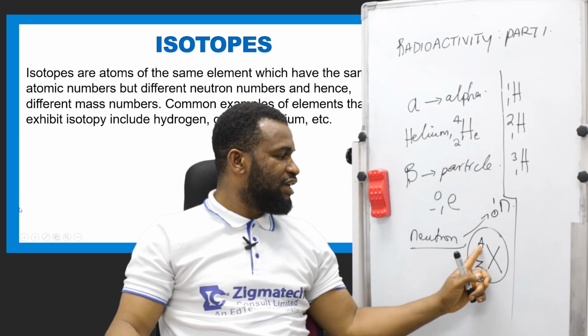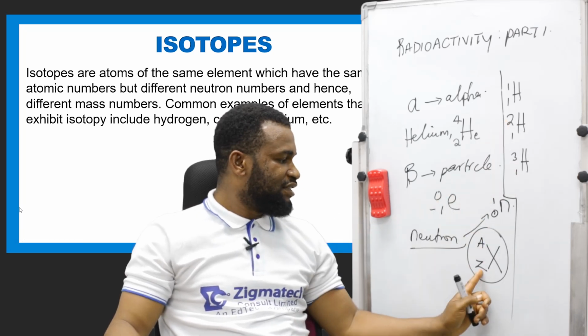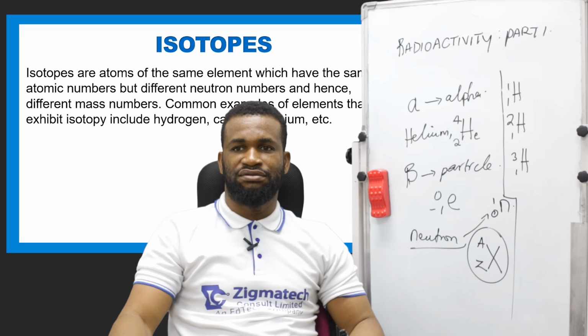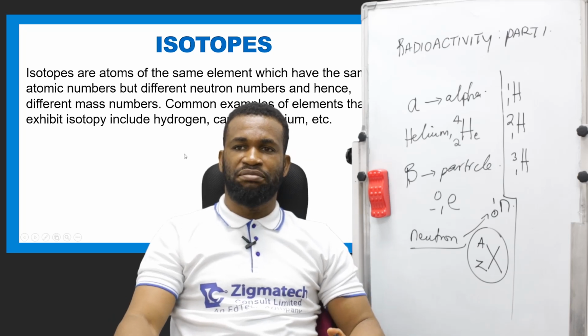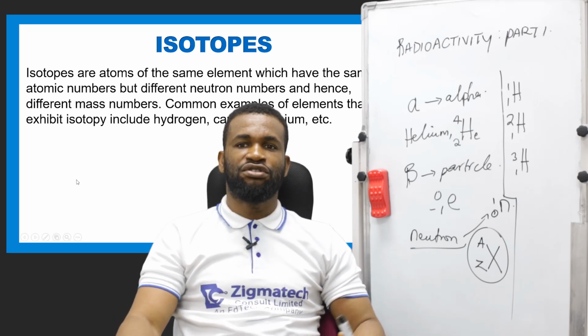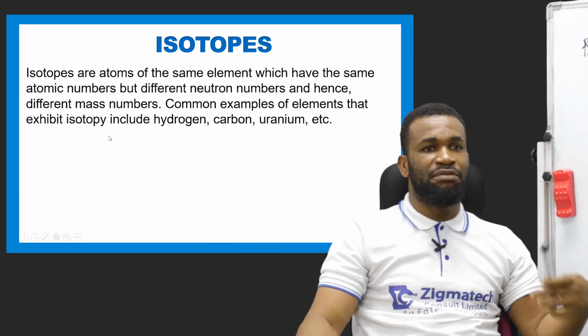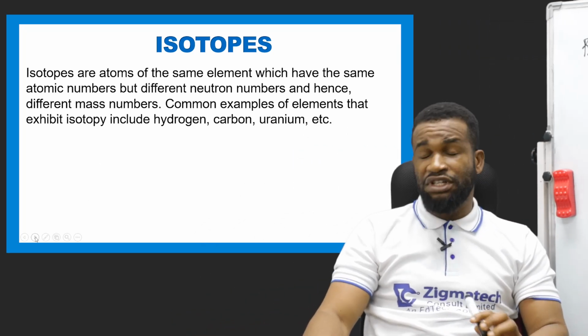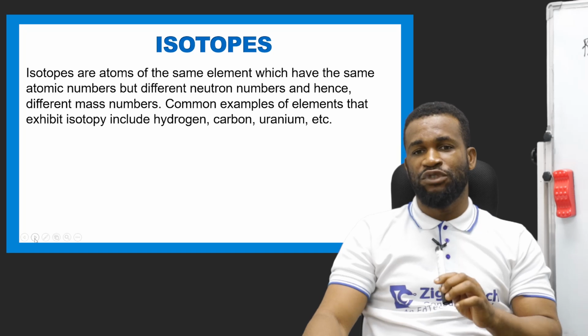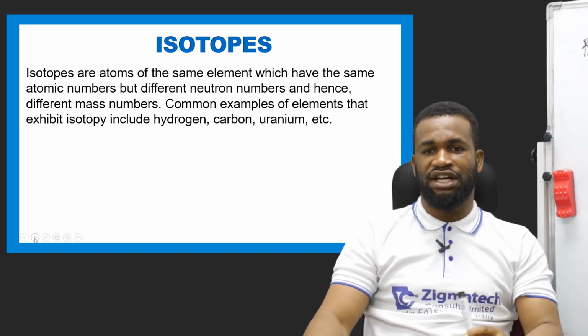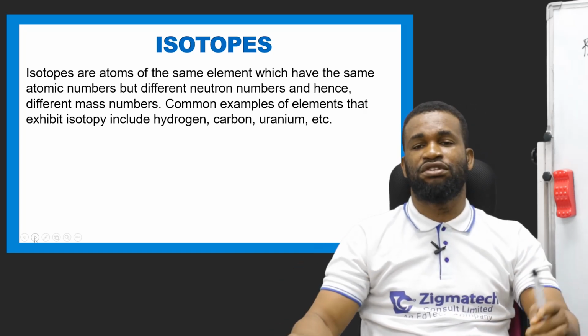So A is for the atomic mass, and this is for the number of protons. So this is what we mean by isotope. And because of this, different elements can be produced, and what is causing this is what we mean by artificial radioactivity. That is the reason why we have a lot of isotopes.